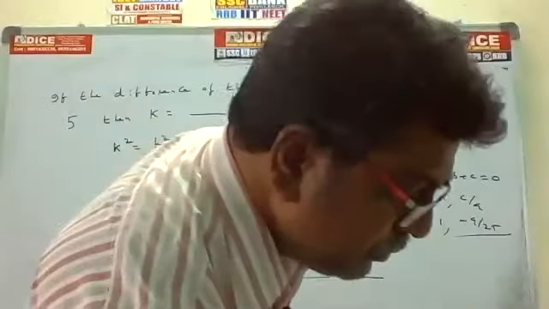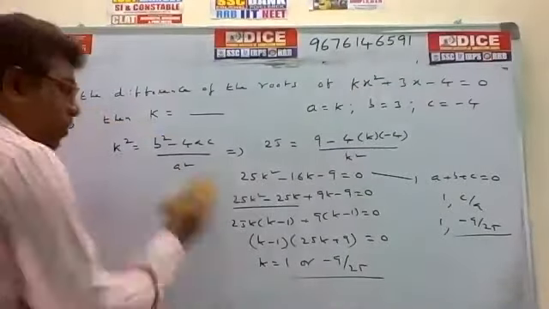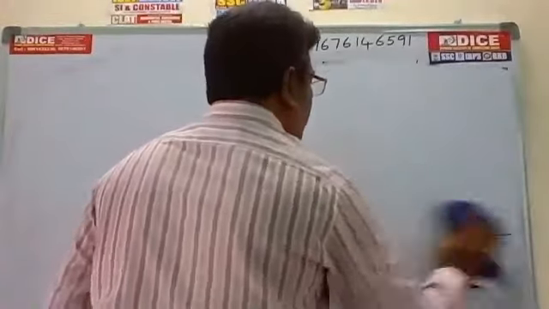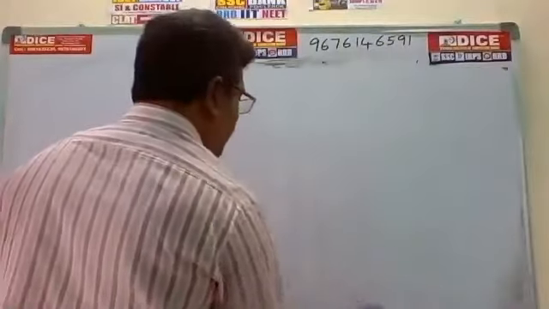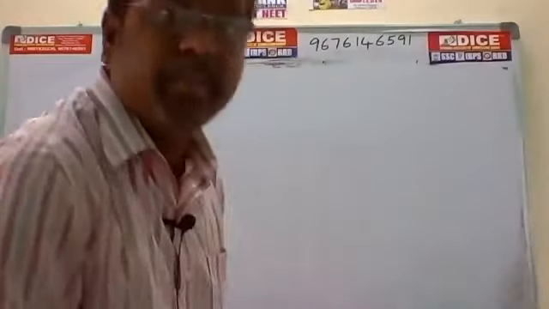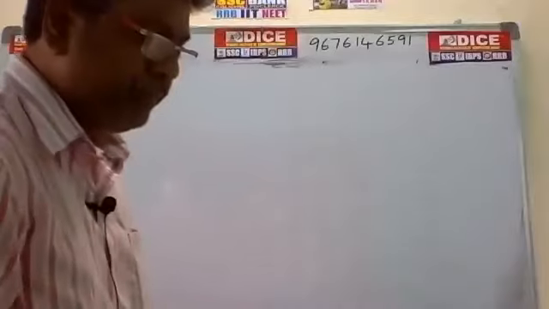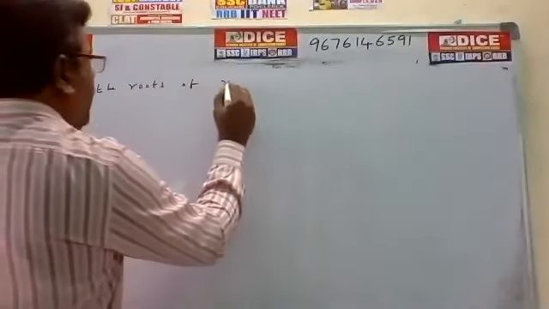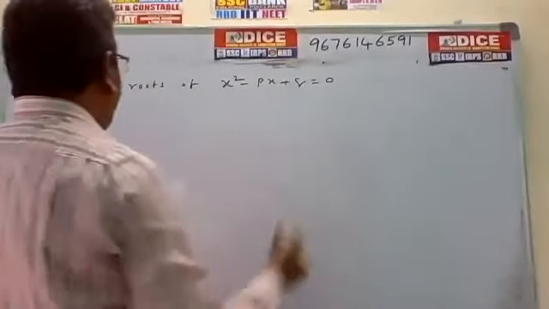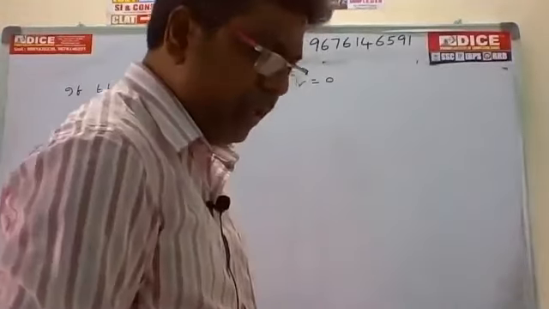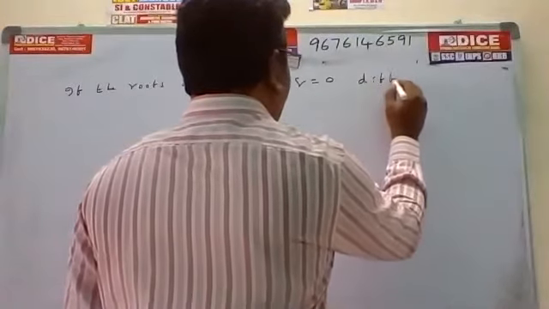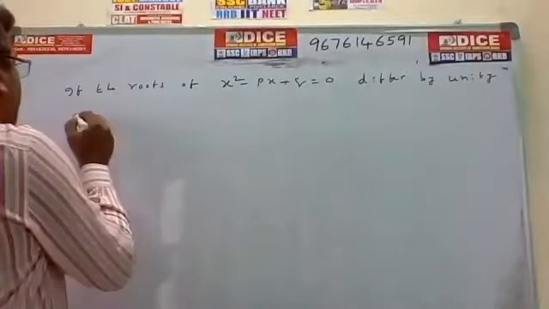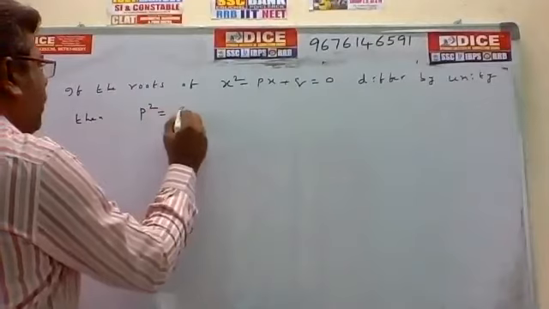Write out the next one. If the roots of x square minus px plus q is equal to 0 differ by unity, that means differ by 1, then p square is equal to 4q plus 1.